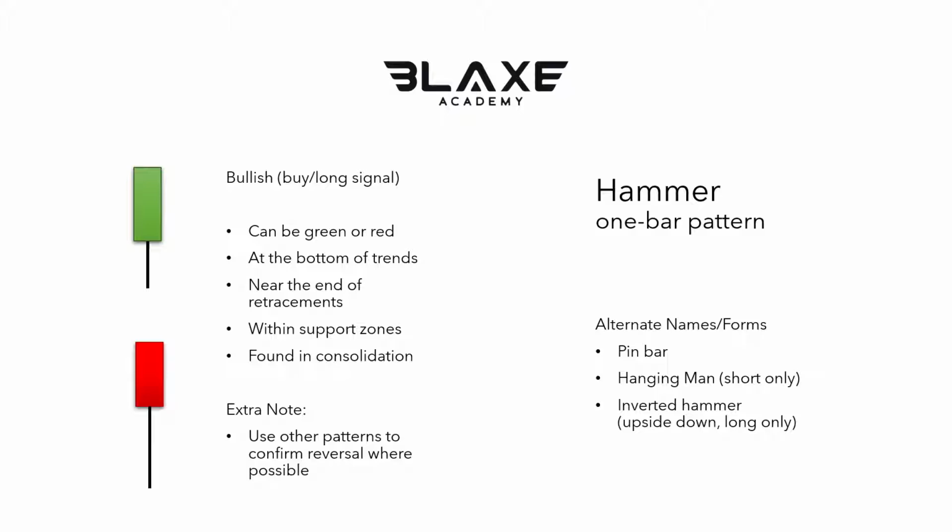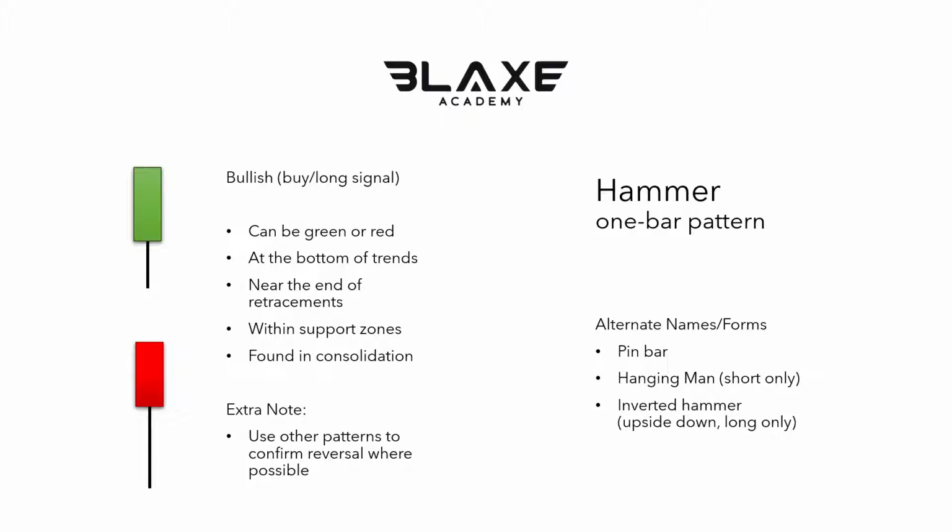The way that candlestick patterns typically go is that buy signals happen at the end of either short-term pullbacks in the market, which we will call retracements in technical terms, or at the bottom reversals of a trend change. As the trend is going lower and starts to move back up, you typically will find reversal patterns like the hammer.